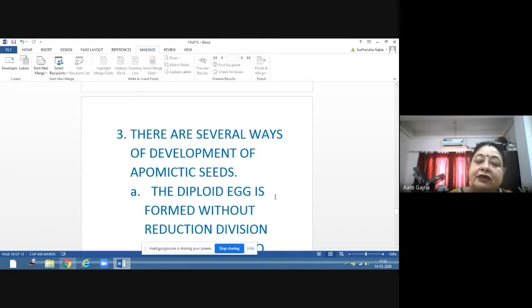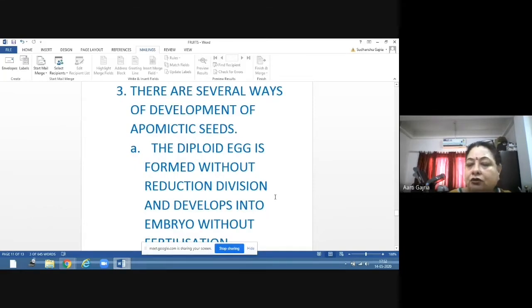One is when the diploid egg is formed. Now, egg is normally haploid in nature. Why? Because egg is formed by meiosis cell division, which is a reductional cell division. But here, in some cases, the cell will not undergo meiosis and will form a diploid egg.